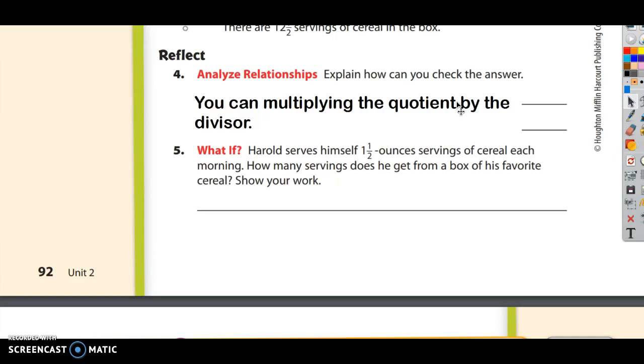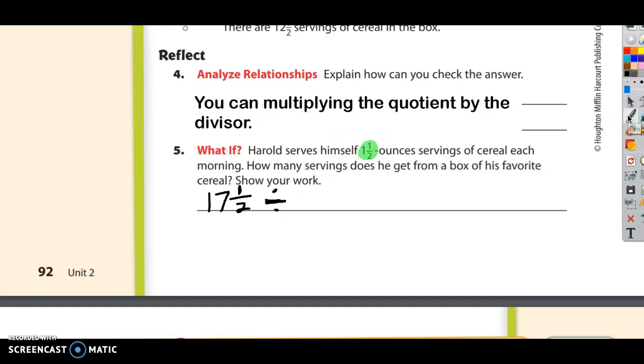All right, so number 5, check it out. Harold serves himself 1 1/2 ounce servings of cereal each morning. How many servings does he get from a box of his favorite cereal? Show your work. So what exactly is this asking? The box itself is 17.5 ounces. We knew that from the directions. Originally, the problem was divide by 1 2/5, but now it's changing the divisor.